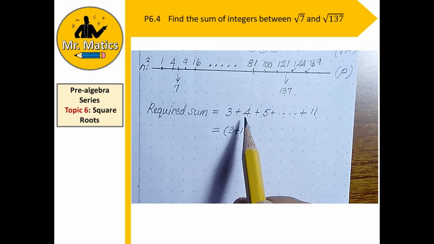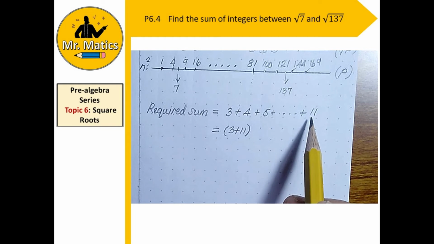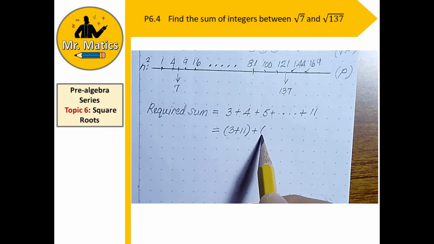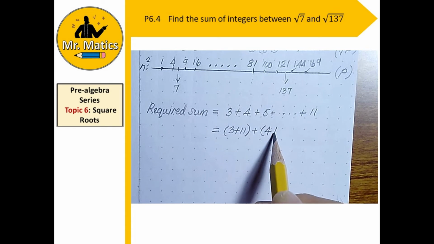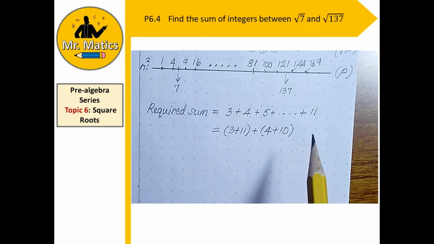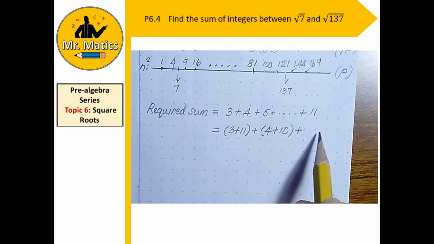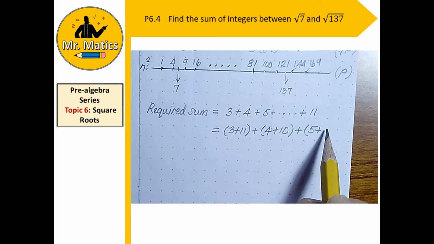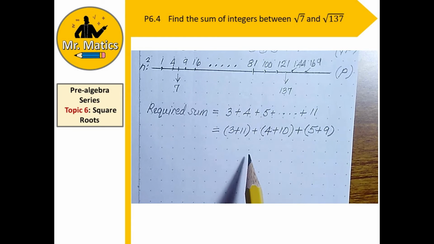Then you will pair 4 and the number before, which is 10. And like that, 5 will be paired with 9, and so forth.